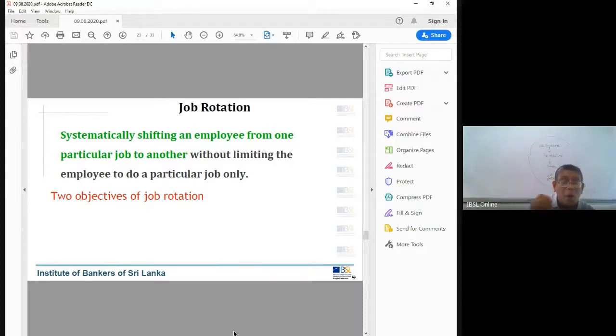So what are the objectives of job rotation? One point is the control function. You can write two objectives of job rotation.